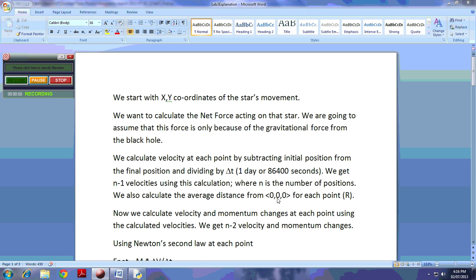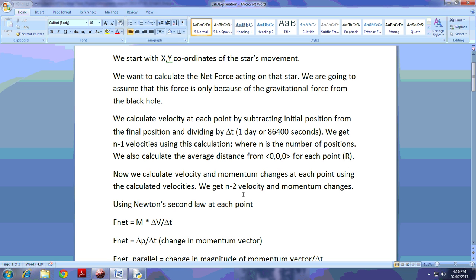We also calculate the average distance from 0, 0, 0, where the black hole is, for each point r. Now we calculate velocity and momentum changes at each point using the calculated velocities. We get n-2 velocity and momentum changes.